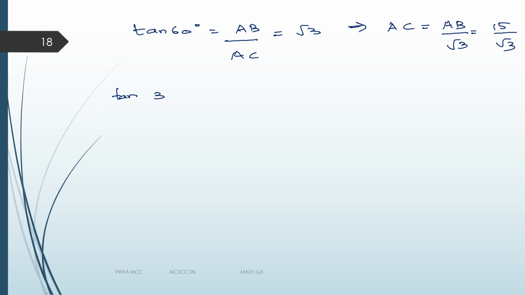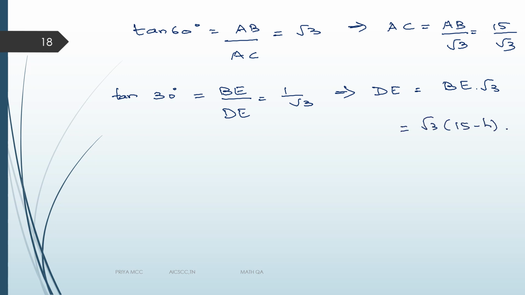Tan 30 is equal to DE by BE, which is equal to 1 by root 3. Therefore, I have DE is equal to BE into root 3, which is root 3 into 15 minus H, because we calculated. Now, AC equal to DE, correct? Which will imply 15 by root 3 is equal to root 3 into 15 minus H. Find out H from this.